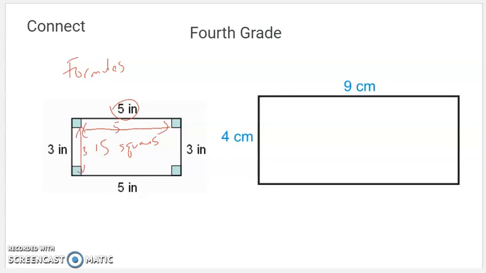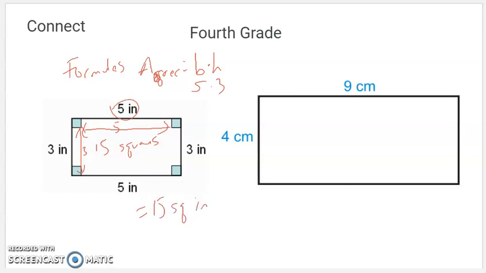And so instead of drawing and counting all those squares, I can just predict that there's going to be 5 by 3. Now I know how to multiply, and I can use this formula that the area of a rectangle is equal to the length of its base times its height. So in this case, its base is 5 and its height is 3. So this one would have 15 square inches in it.